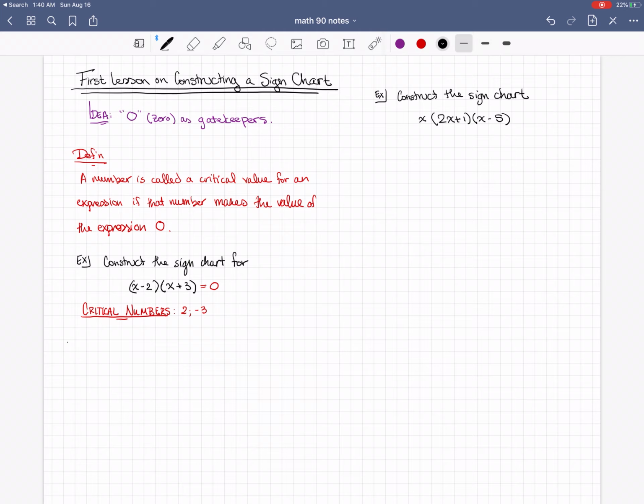So what I'm getting at here is I want to think about the individual factors before I think about the entire product.